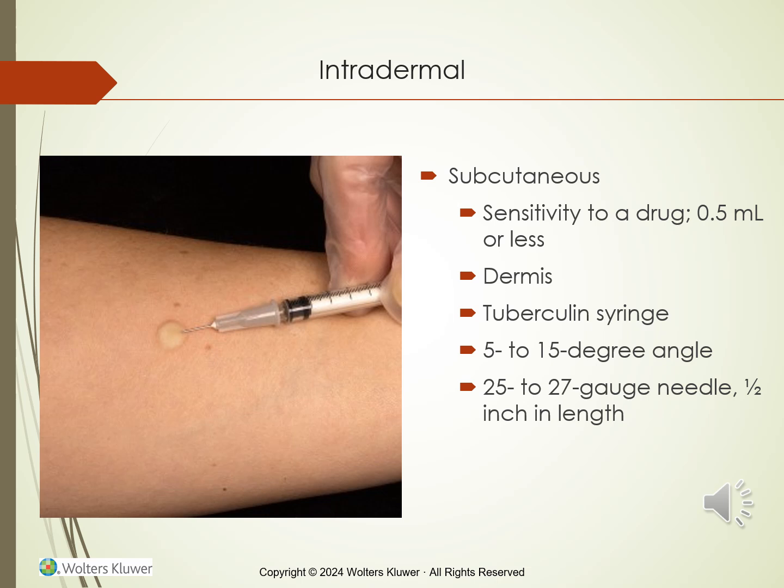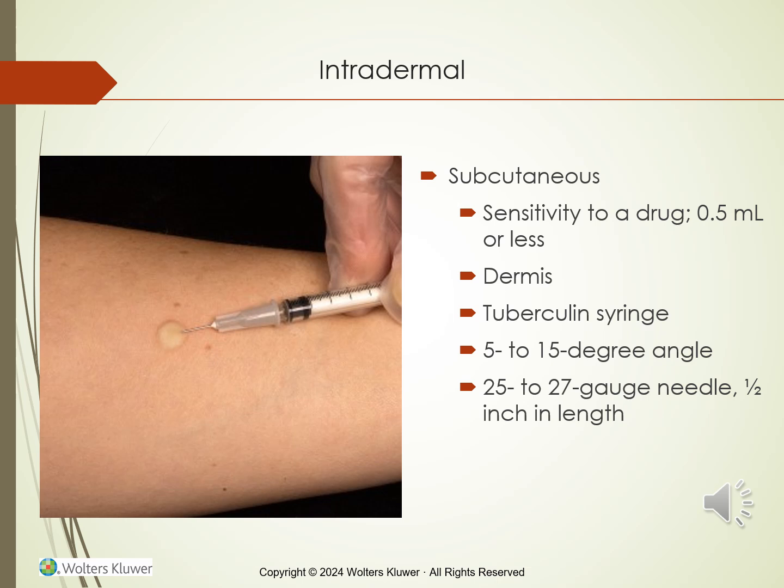Intradermal injections, also known as intracutaneous injections, are used primarily to test for sensitivity to contrast media. These injections are given just beneath the skin on the inside of the forearm. It is also used for sensitivity to a drug or antigen, such as TB.